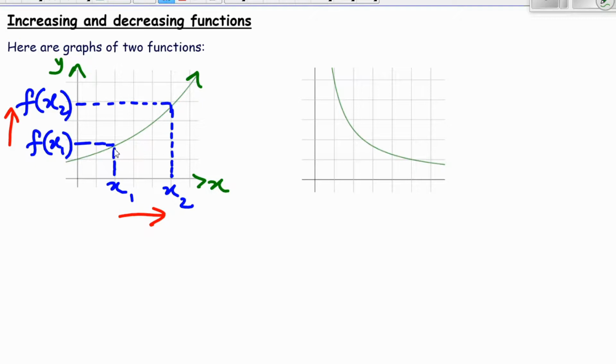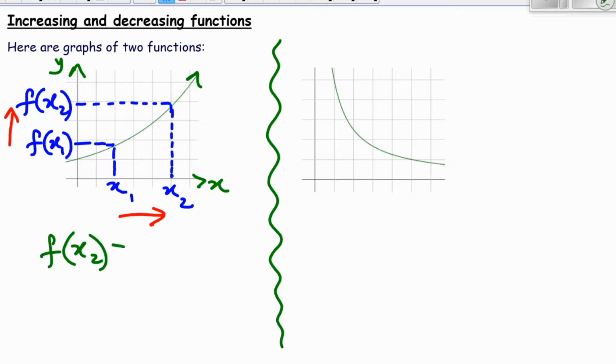But before I do that, we can also notice that the value of f(x2) is greater than the value of f(x1), and this is because the value of y is increasing as x is increasing.